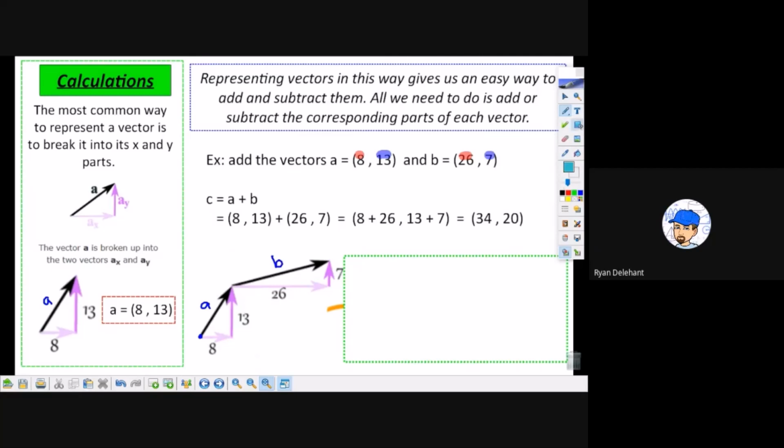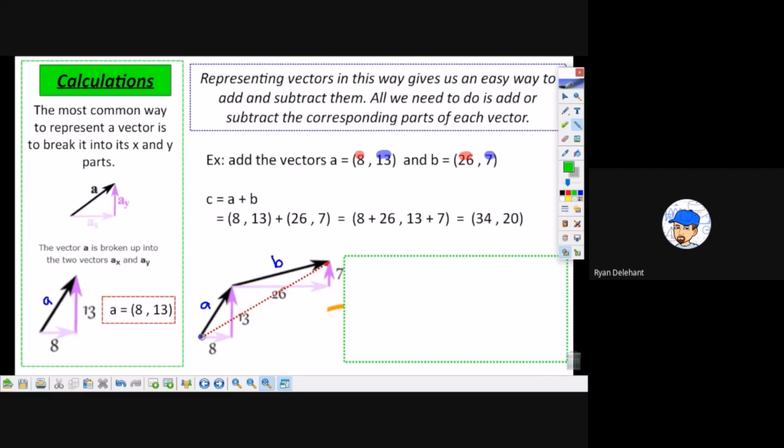Now let's trace in on this. The resulting vector would go from here to here, right? It's going to have an X and a Y distance.